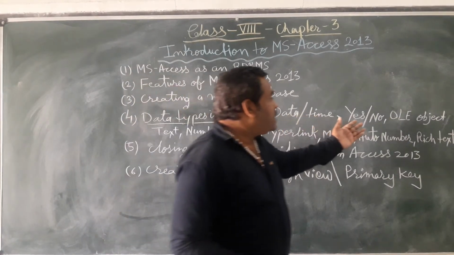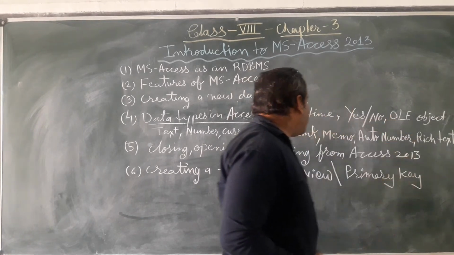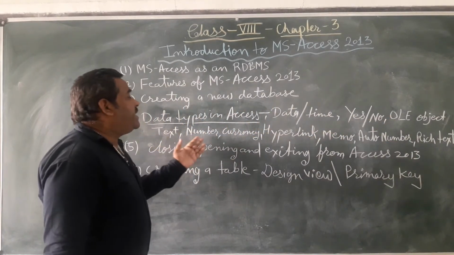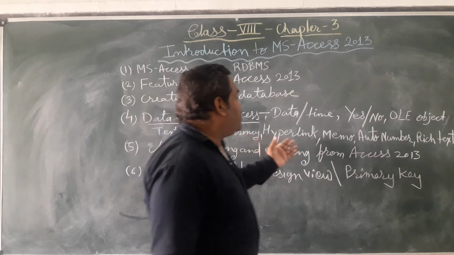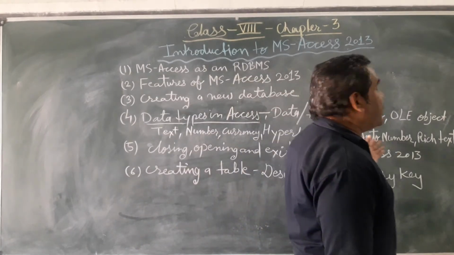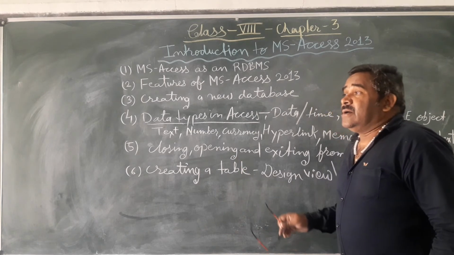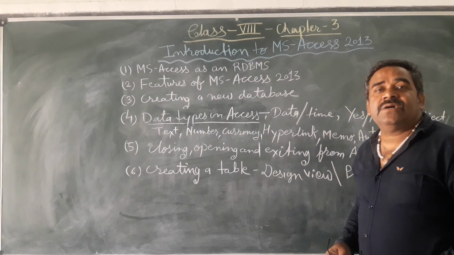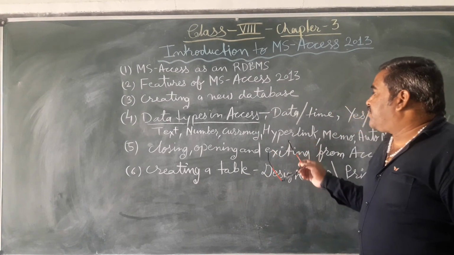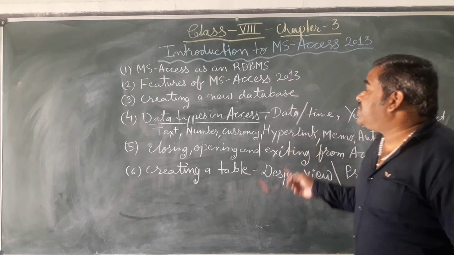Date and time, yes/no, OLE object, tags, number, currency, hyperlink, memo, auto number, all the data types. When we come to knowing about the MS Access process, these things are there.